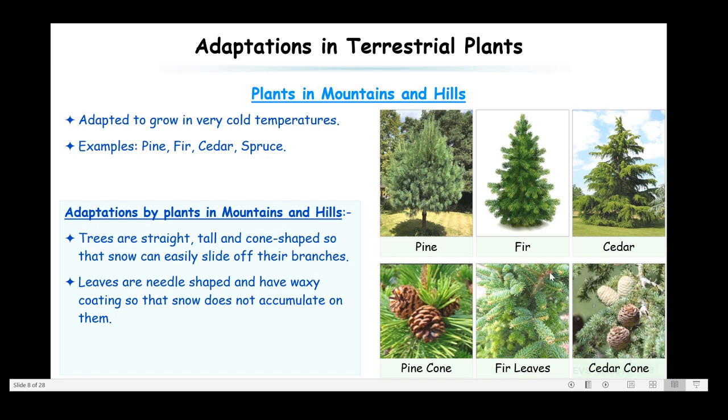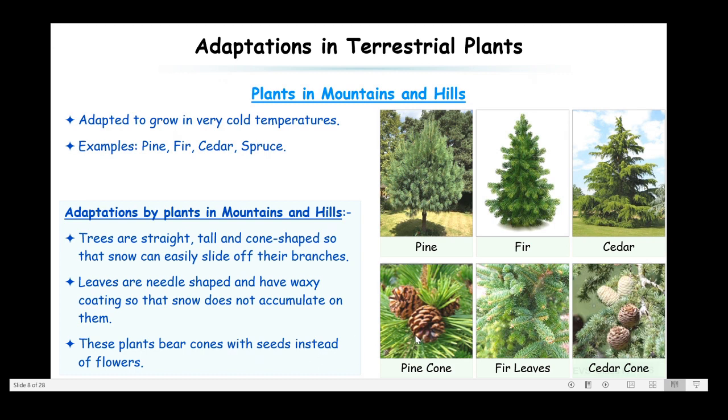If we talk about leaves, leaves are needle shaped and have a waxy coating so that snow does not accumulate on them. Can you see the needle like structure in all these plants, right? Then if we talk about the cones, these plants bear cones with seeds instead of flowers.